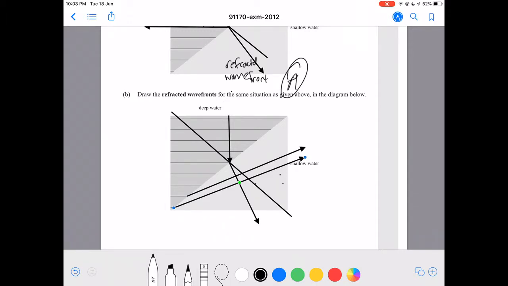Because our wave slows down in the shallow water, our wavelength should decrease. As you can see in the diagram, our wavelength has decreased, so we are on the right track. Now we're going to draw our next ray here.